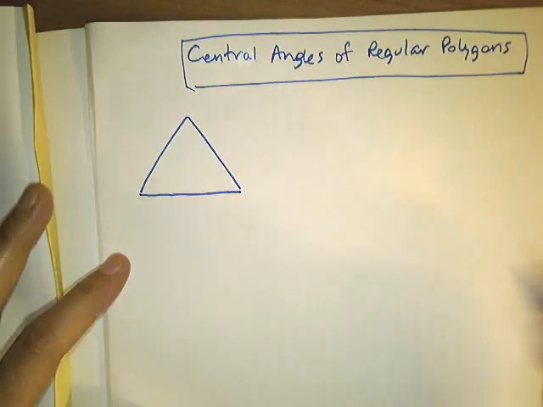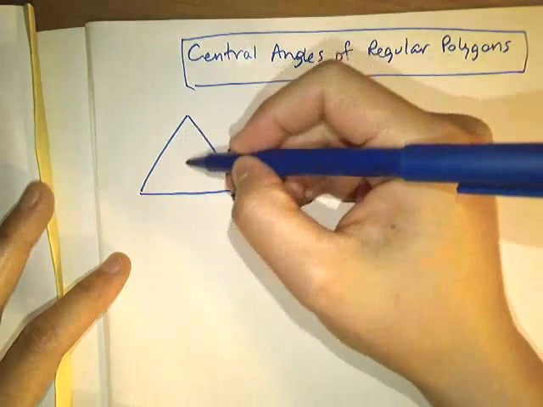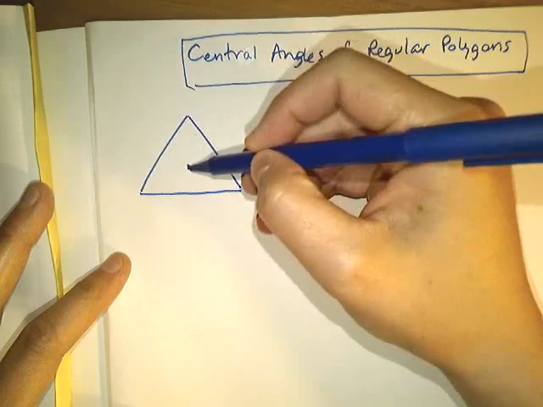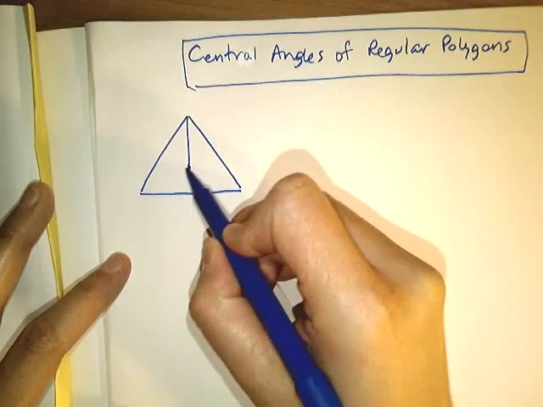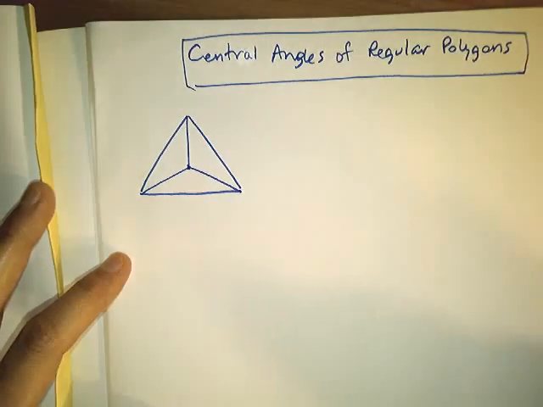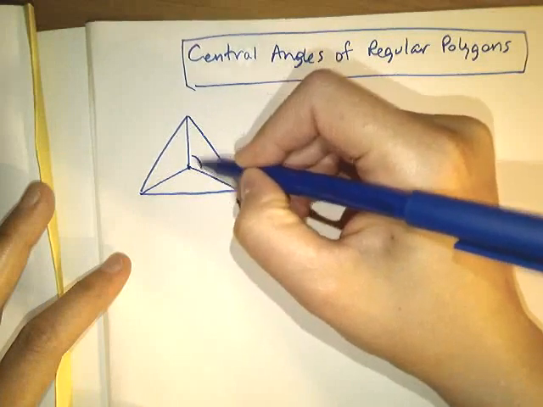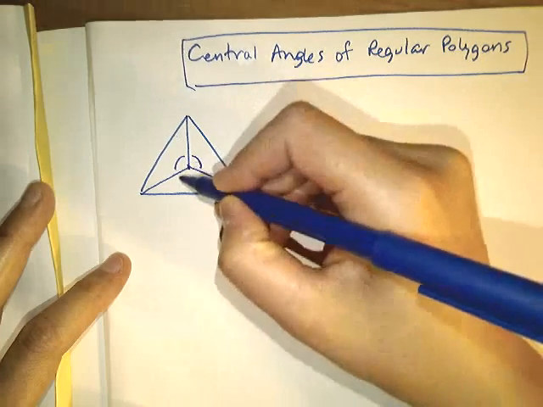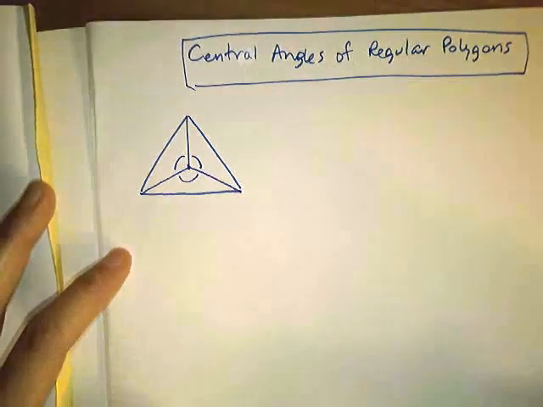Fairly good. Okay, now if I carve this triangle from the center, if I draw a radius here, and a radius here, and a radius here, I've carved it into 3 equal pieces. And each one of these is a central angle. So a regular triangle will have 3 central angles.